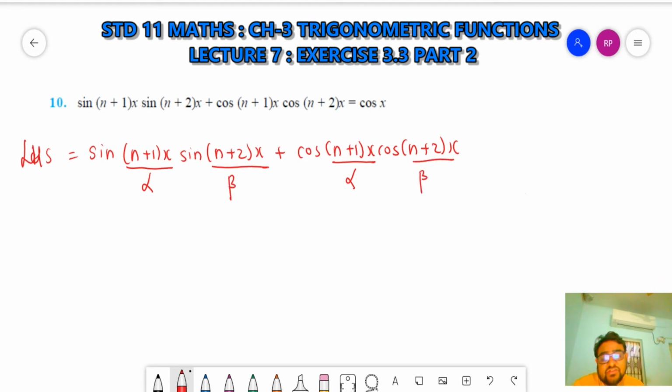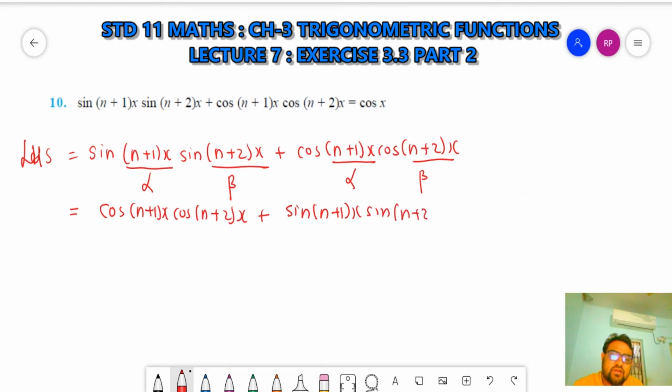So sin alpha sin beta + cos alpha cos beta. Here we will use the formula SS plus CC, or I can rearrange it this way: cos (n+1)x cos (n+2)x + sin (n+1)x sin (n+2)x. So this is CC plus SS.